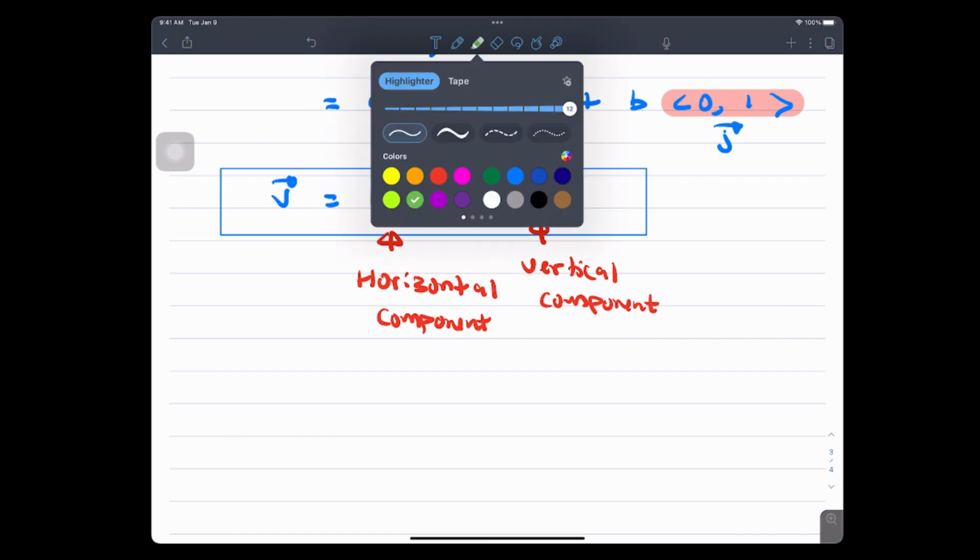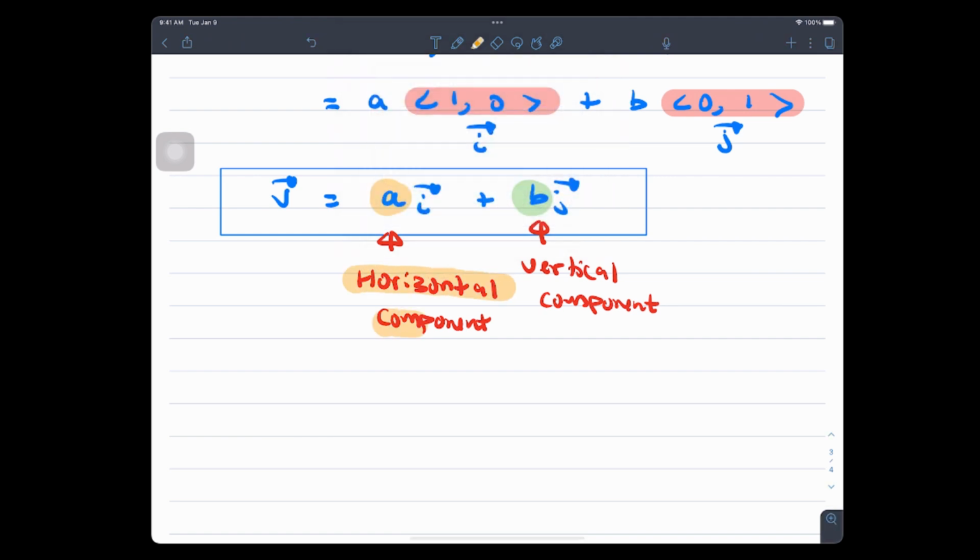So you got these components. So what you just proved to us was just the formula. This is more condensed than it was.